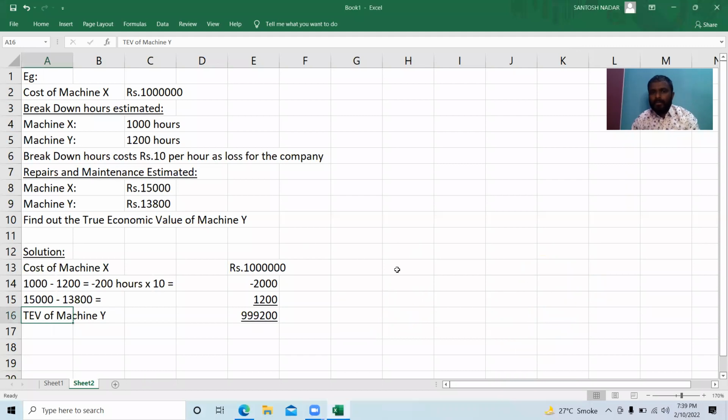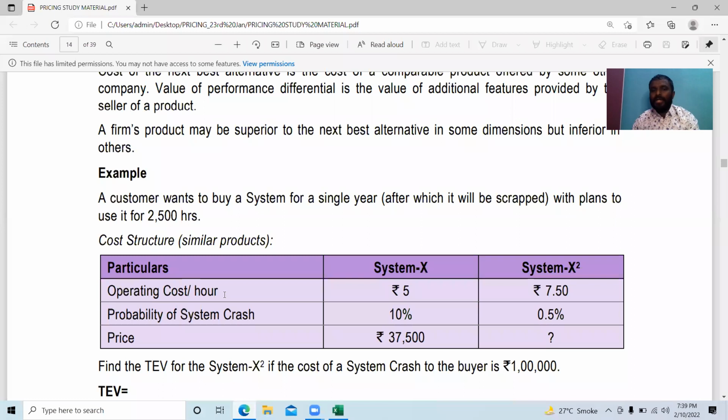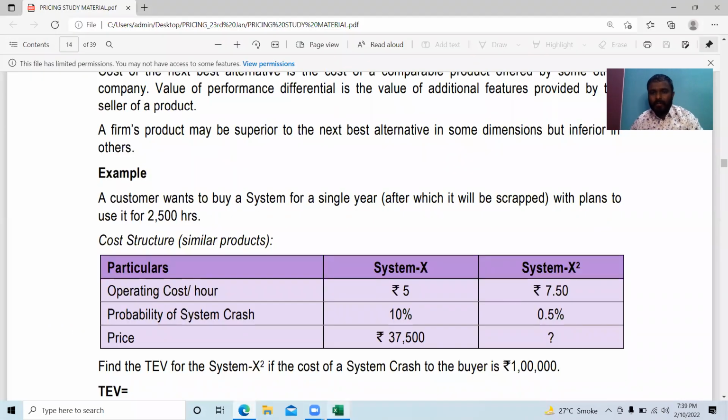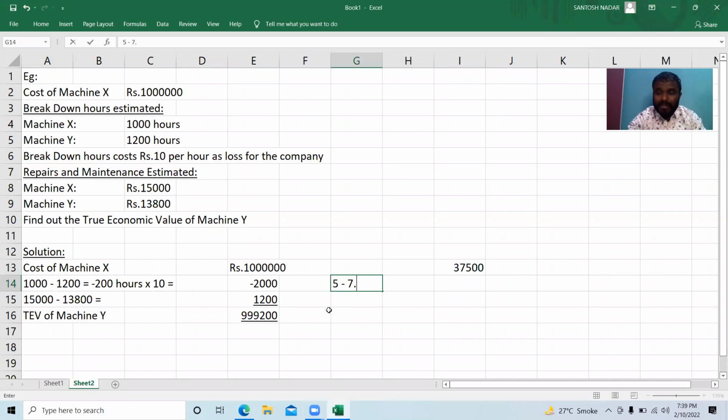Same logic. The price is 37,500. The two features they have given: one is operating cost. Operating cost of X is 5, minus for X2 the operating cost is 7.5. That means if the customer buys my product, he is going to incur 2.5 rupees more per hour, because X is operating at 5 rupees per hour and my product is operating at 7.5 rupees per hour.